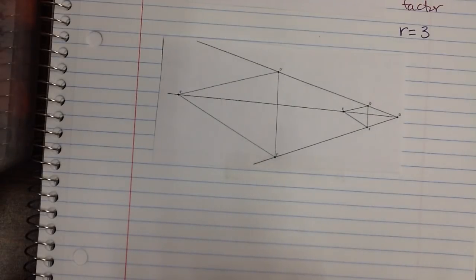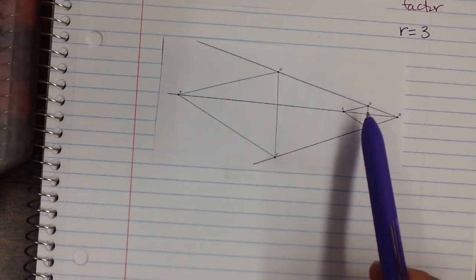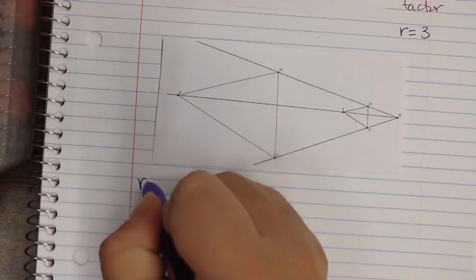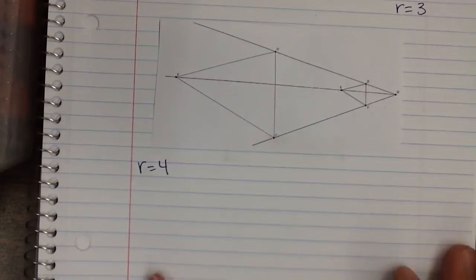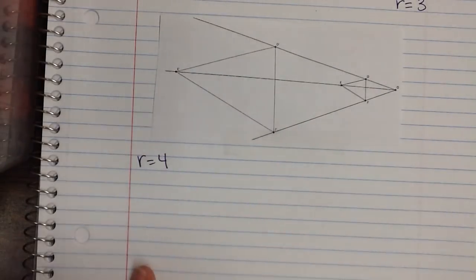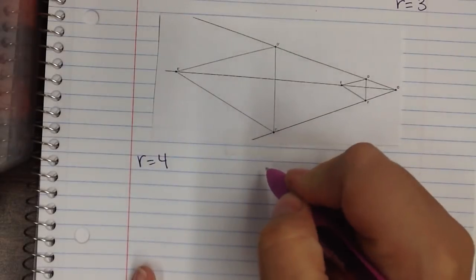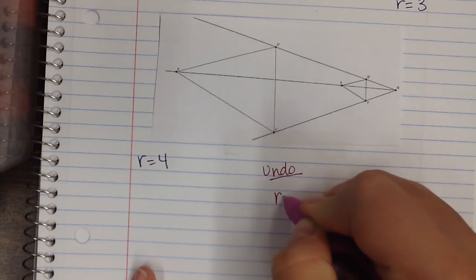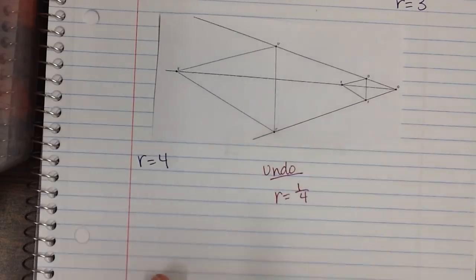Okay, so the original is a small triangle and it got bigger, so our scale factor was 4. Okay, and if we were to undo that, we would just take the reciprocal or the inverse of this. So the reciprocal of that would be to undo it. Okay, our scale factor would have to be 1/4. Okay.